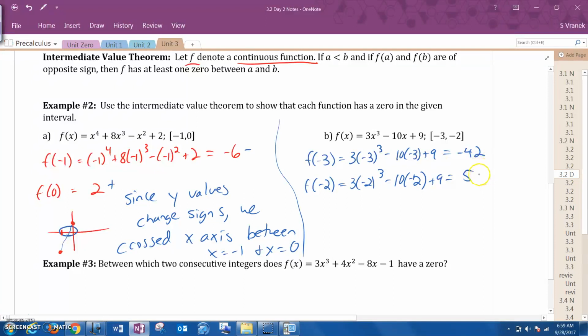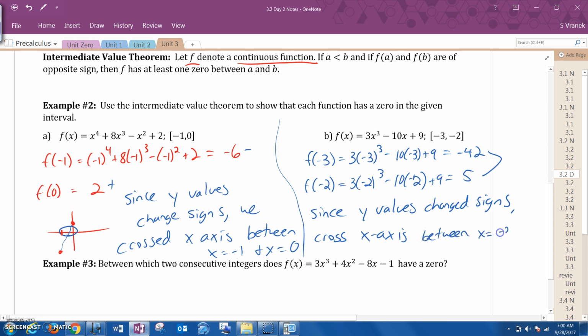So again, we have the points (-3, -42) and (-2, 5). In order to connect those dots, we had to cross the x-axis. These changed signs, so since the y values changed signs, there's a 0, we cross the x-axis between x equals negative 3 and x equals negative 2.